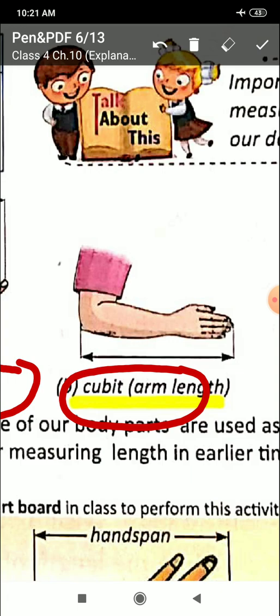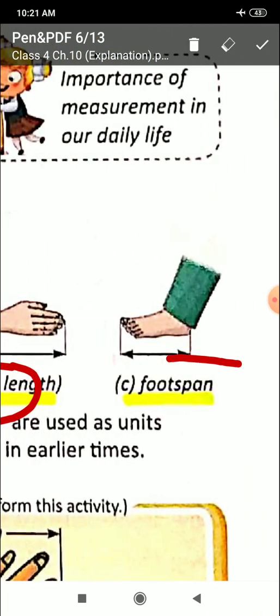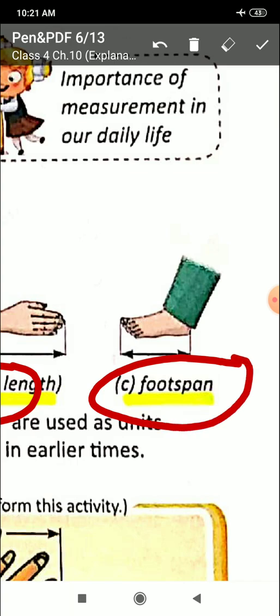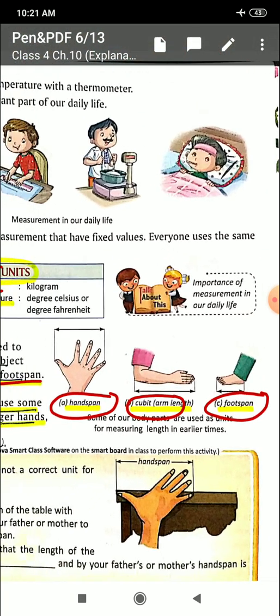Then the third one is foot span, the size of your foot. You can use foot span to measure the length of your room. So these are the three: hand span, cubit and foot span.